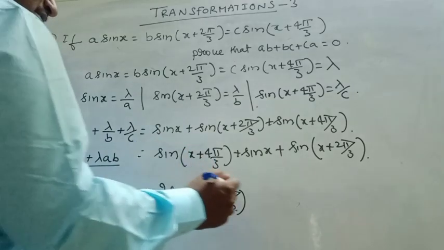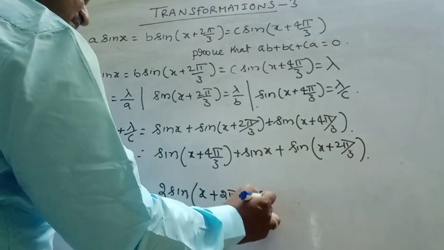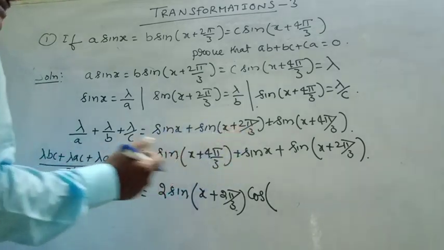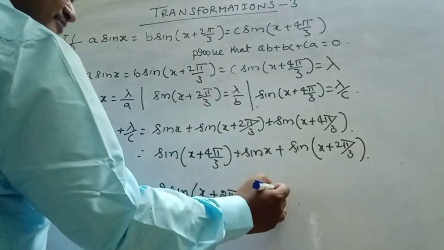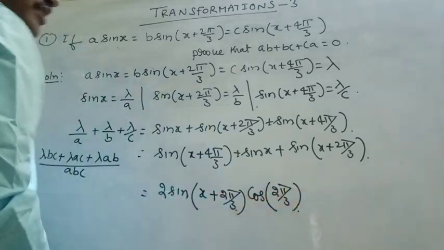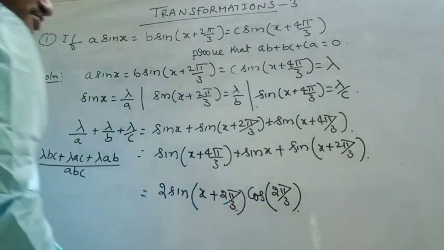For cos of (C minus D) by 2, x plus 4 pi by 3 minus x, by 2, is nothing but 4 pi by 3 by 2, that is 2 pi by 3.